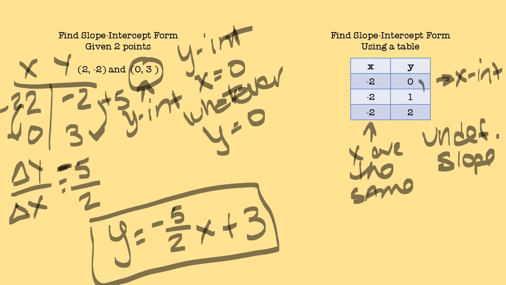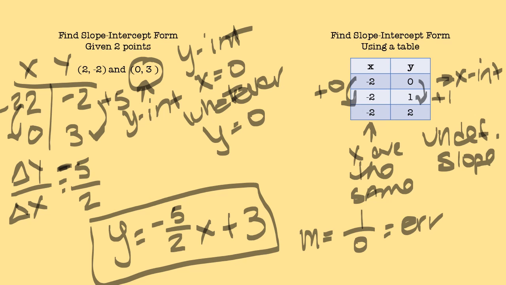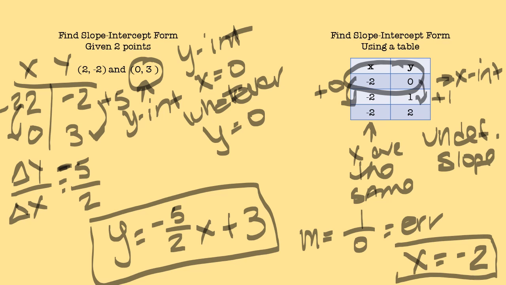And if you were to do it, we are going up by 1, and here we are going up by 0, right? So we have 1 over 0, which is equal to error in your calculator. So our equation here is just going to be whatever our x-intercept is, which is x is equal to negative 2. It's undefined slope.